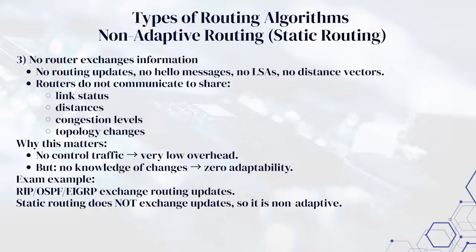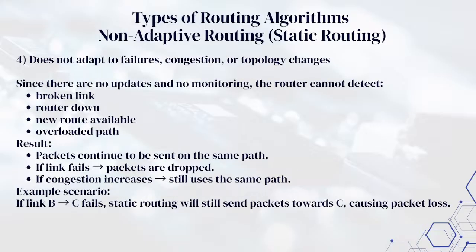Again, no router information exchange means no routing updates, no hello messages, no link state advertisements, no distance vectors, and they do not communicate to share status, distance, levels or topology changes. Next, it does not adapt to failure, congestion or topology changes.